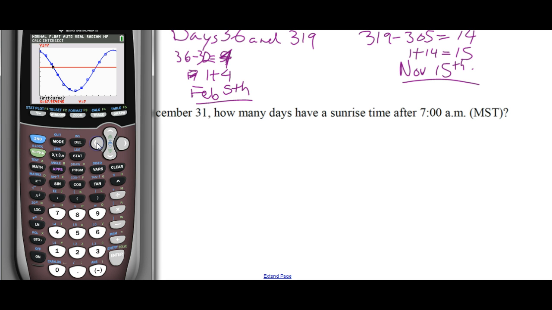Somebody needs to have a sunrise after 7 a.m. Okay, so that's day 68.1, which has a sunrise at 7 a.m. After 7 a.m. is going to be before that, like above. So we go with day 68. It's on the 68.1th day, so that doesn't happen. Day 69, the next day, will have a time before 7.